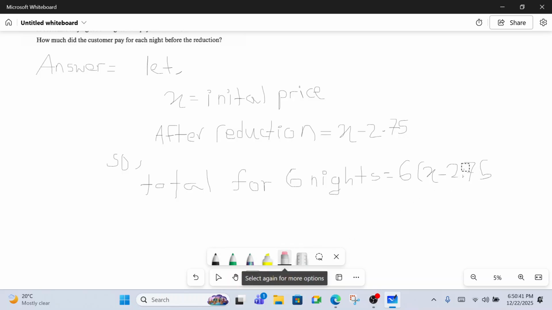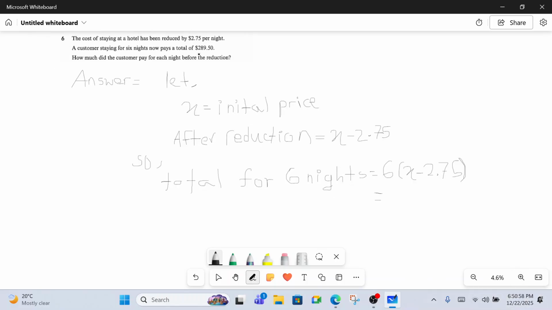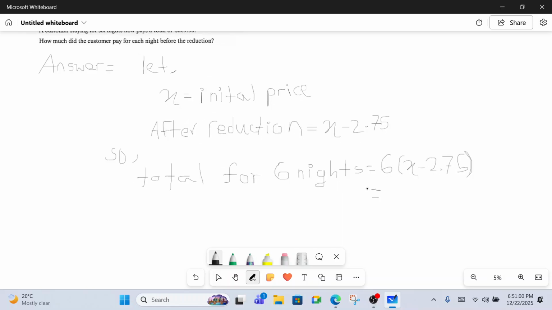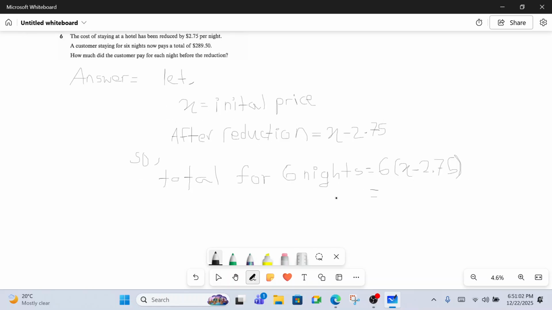Sorry, it looks like a ratio over here. So take out your calculator, wait, no, we don't need a calculator right here. For a total of 6 nights, he pays this much.